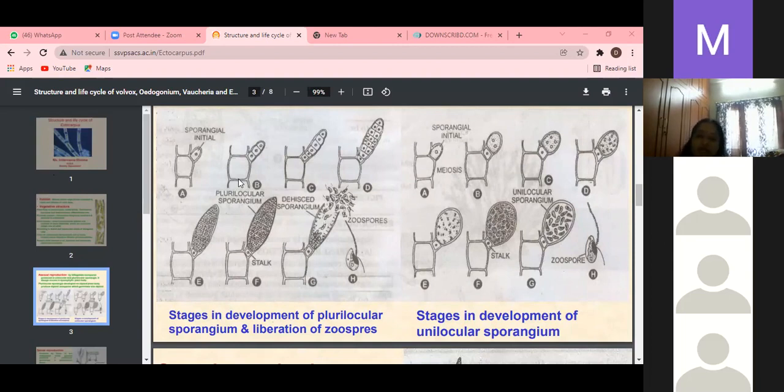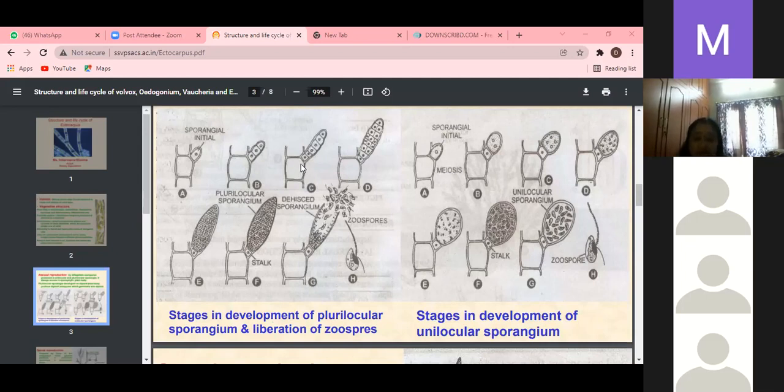Plurilocular or multilocular sporangia are elongated, cone-like structures. The same bracelet is there; in that, the sporangial initial cell undergoes division to form the cone-like multicellular structure, as you can observe in pictures B and C. It is born on a diploid, asexual plant.